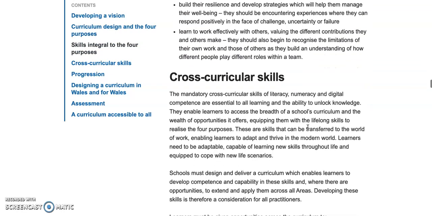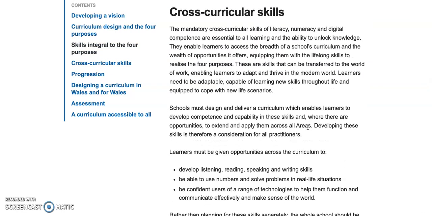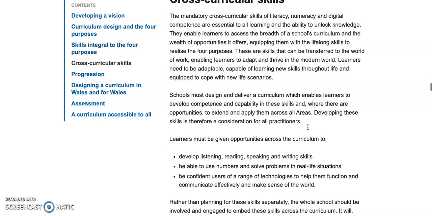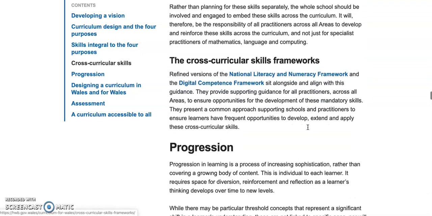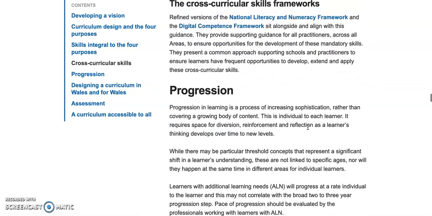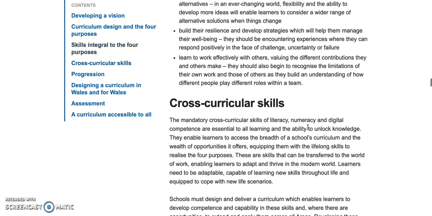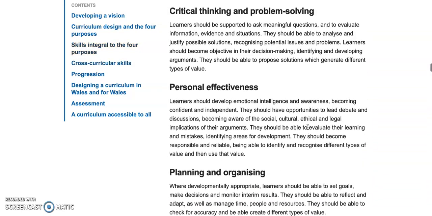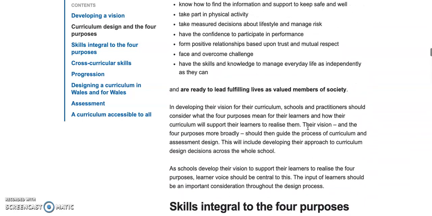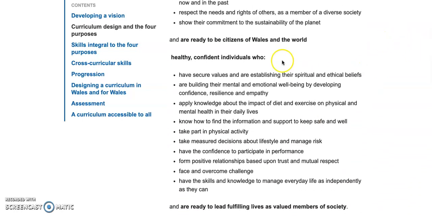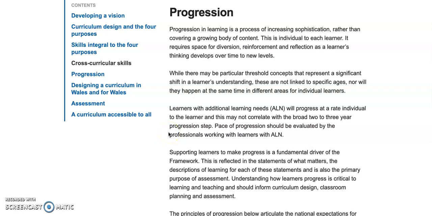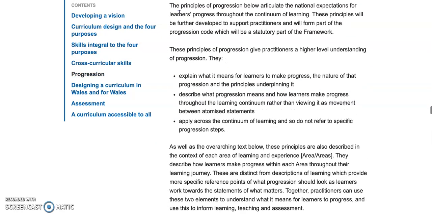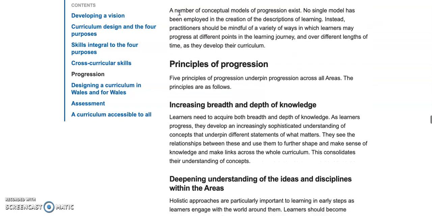In addition to that, there are the cross-curricular skills, so the skills of literacy, numeracy, and digital competence, which will also help us to underpin and to realise the 4 purposes of the curriculum as well. So quite a bit of useful thinking here in terms of how we shape that vision for learning in our schools. This section of the guidance then goes on to consider progression and how this underpins curriculum design.